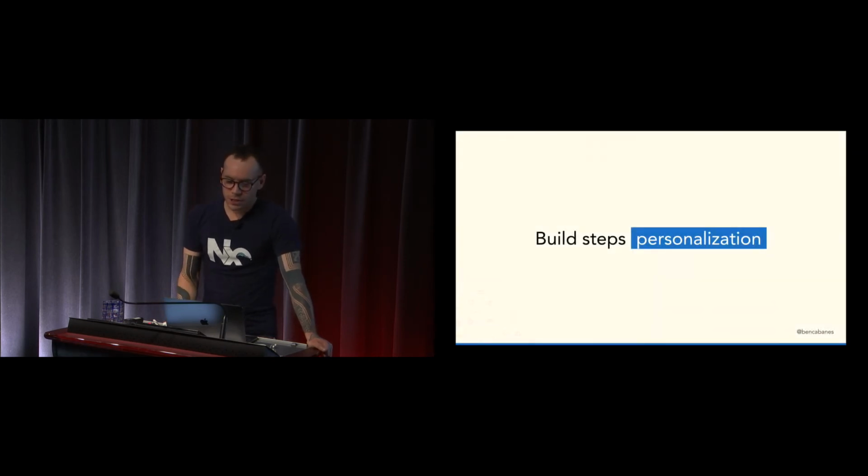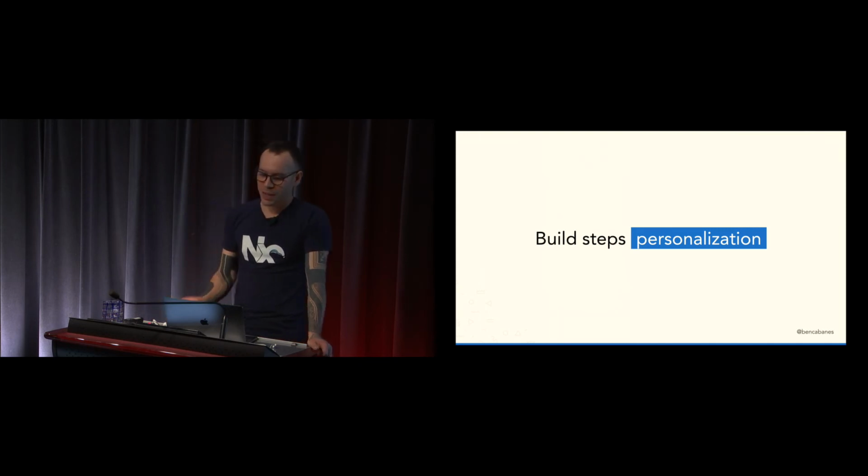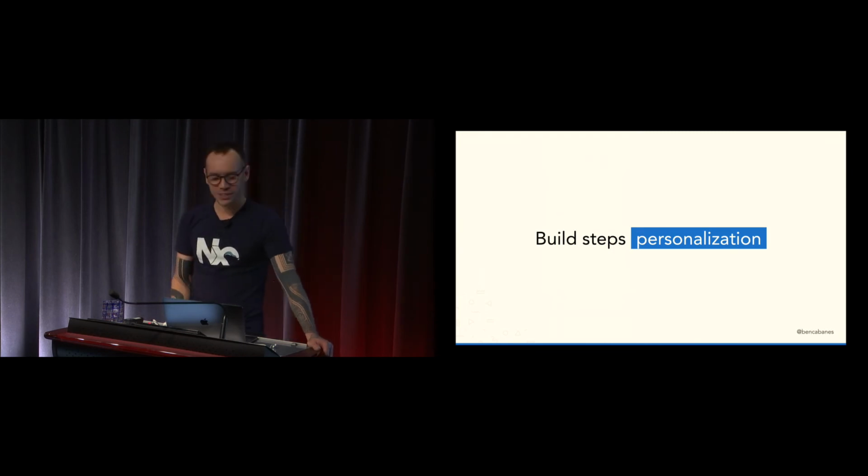You might also need a custom builder to personalize the build steps of your application or library. The Angular CLI default build steps can be enough, but sometimes we are in the middle of an upgrade and we need to tweak our Webpack configuration a little bit. Or we just need to add an extra step to the process.